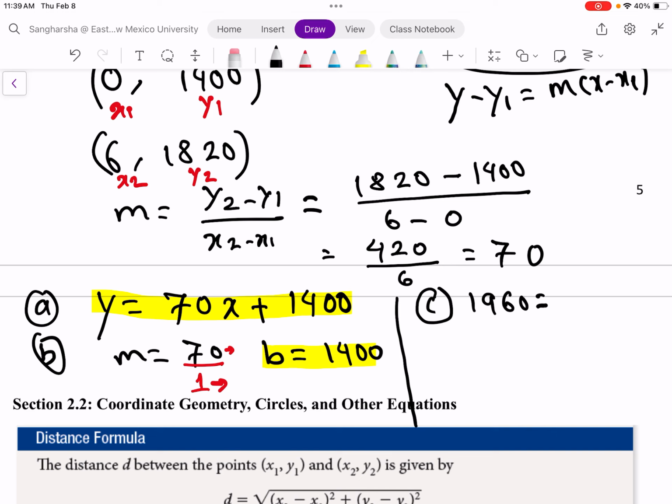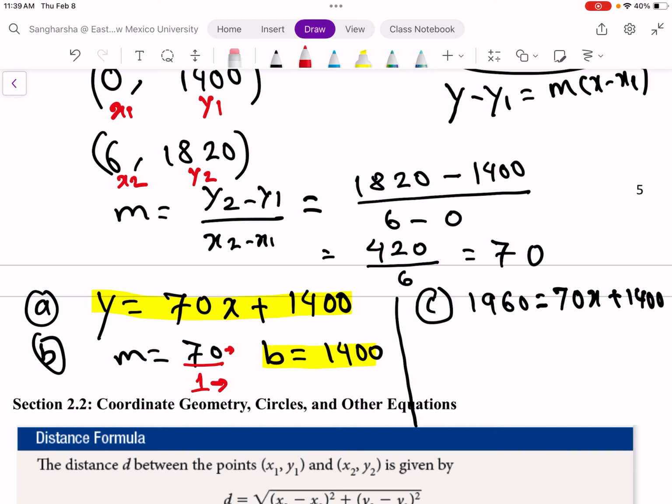So we have 70x plus 1400. We are given y, which is 1960, and we are asked to find x. Now this is a linear equation. Let's solve it for x.